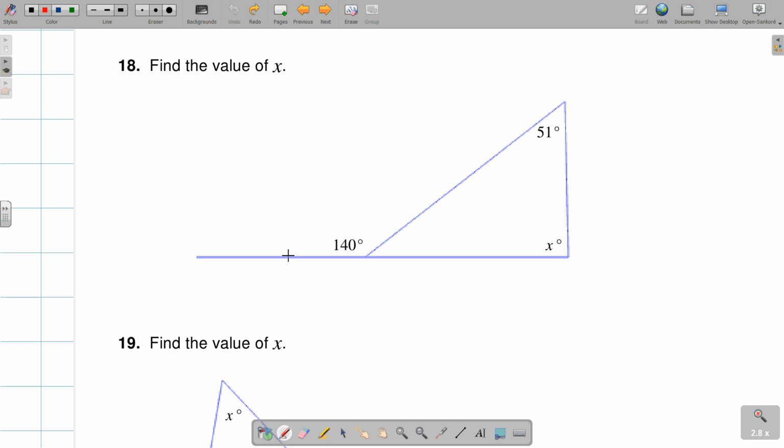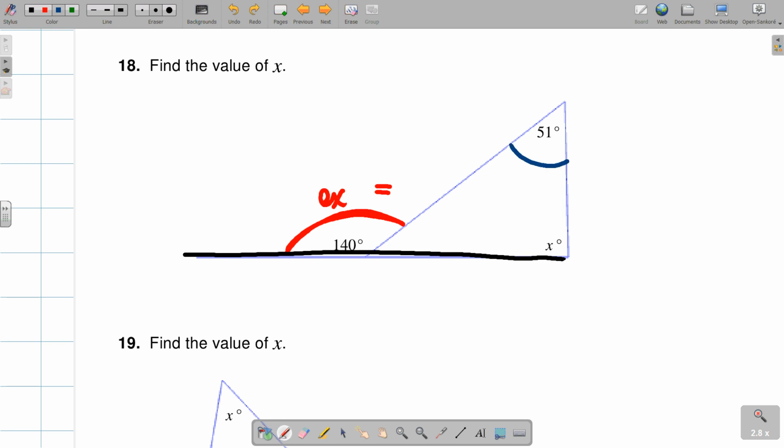This is called an exterior angle. Notice it's made by extending one side of a triangle, and that's called an exterior angle. That exterior angle equals the sum of the 2 angles that are inside the triangle but far away.